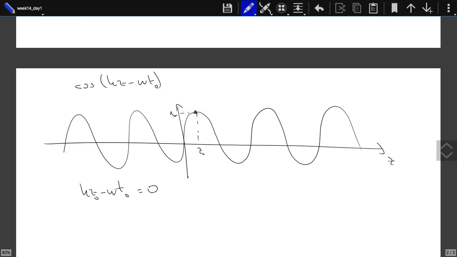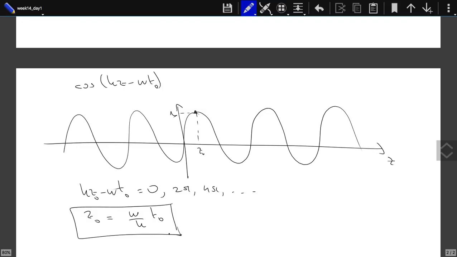This is one of the maxima at least. Because if k z0 minus omega t0 is 0, then this is cosine 0, which is 1. Or it can be 2 pi, or 4 pi, etc. Do you agree? So z0 is equal to omega over k times t0.